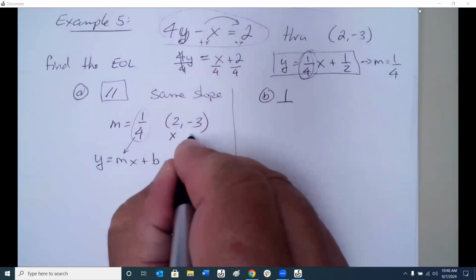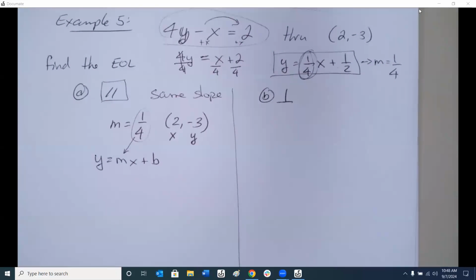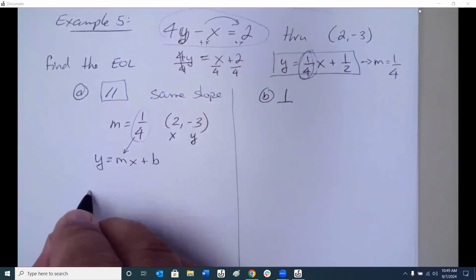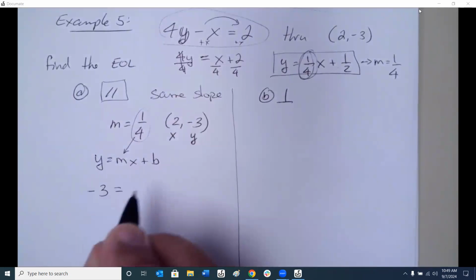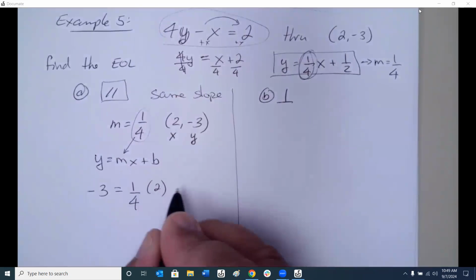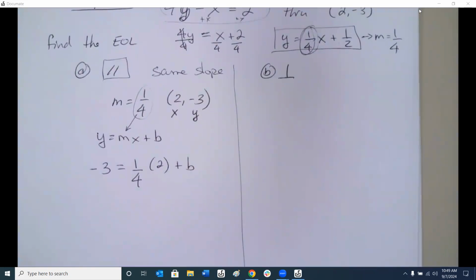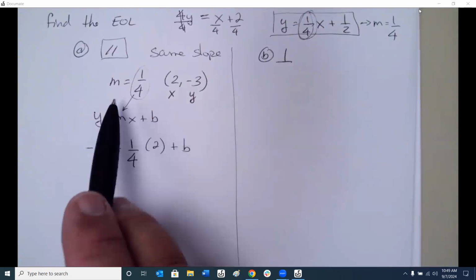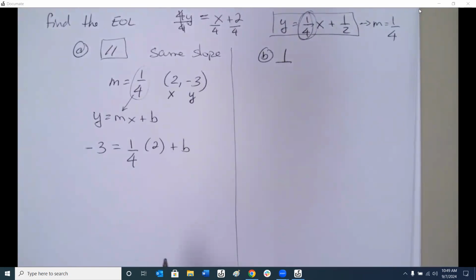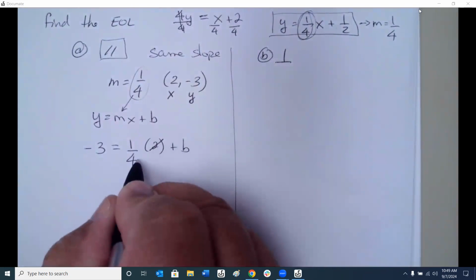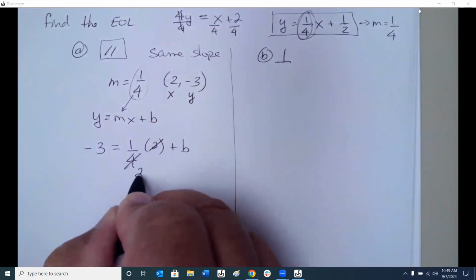This is my x value. That's my y value. I got to solve for b. So negative 3 equals 1/4 times 2 plus b. Plug in what I know already. Simplify. 2 goes into 4 twice.